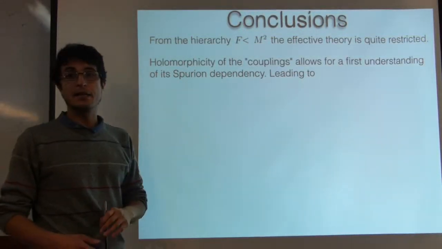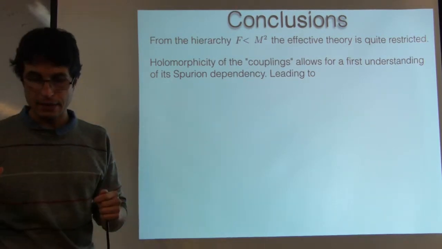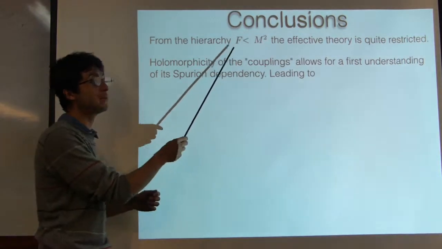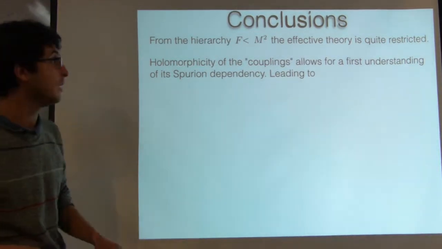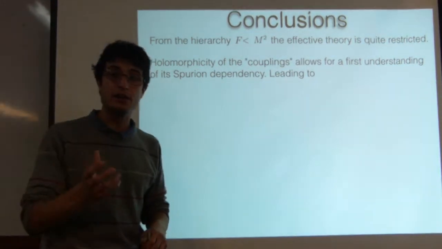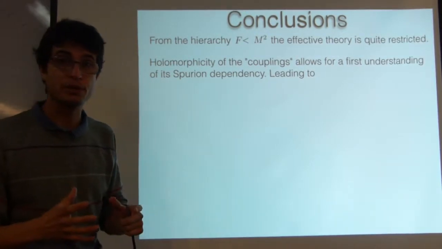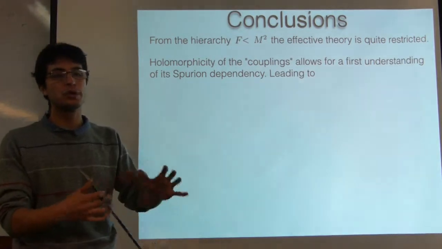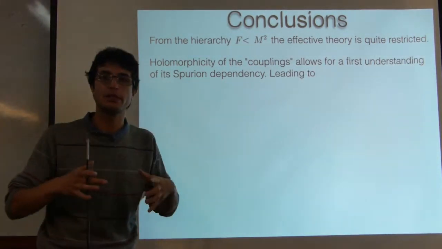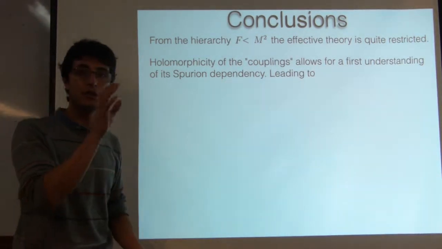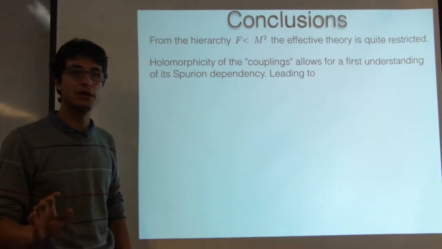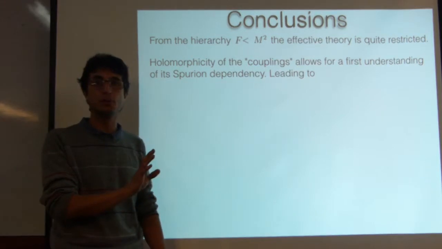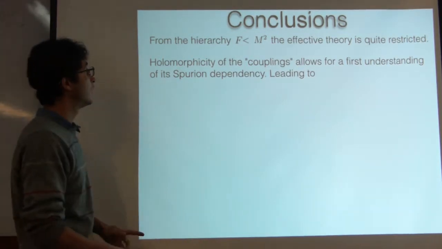So we see that, using the fact that the messengers get a very large mass compared to the supersymmetry breaking scale, we have an effective theory that is supersymmetric and therefore very restricted. And without doing any computation, we know more or less what the dependence of the couplings in the theory is on the fields that actually break the supersymmetry, the spurion fields.